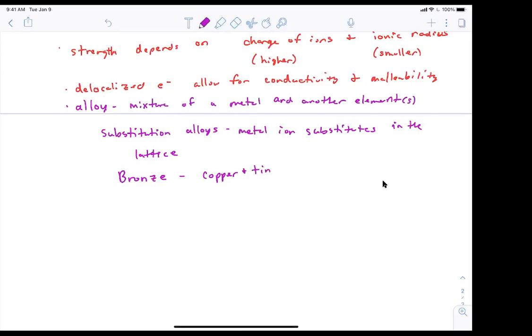So there's kind of this lattice of mixture of copper and tin atoms. And it gives it a much brighter luster and gives it some various properties in strength and durability. Brass, I believe, is copper and zinc. Things like that. The zinc is reinforcing the copper.